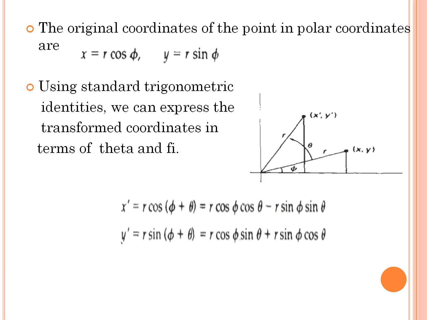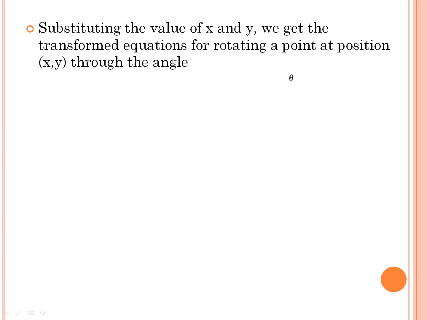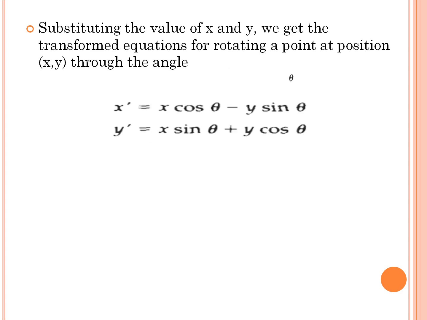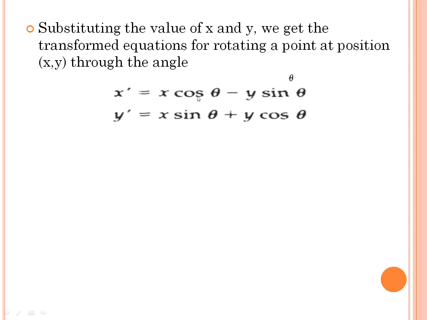In a similar way, y dash equals r sin of phi plus theta, and by applying the sin A plus B formula, we get r cos phi sin theta plus r sin phi cos theta. After substituting r cos phi as x and r sin phi as y, we get the formula x dash equals x cos theta minus y sin theta, and y dash equals x sin theta plus y cos theta.